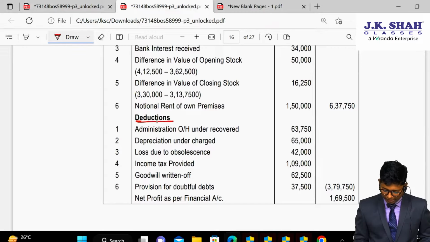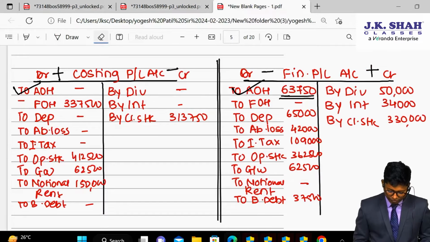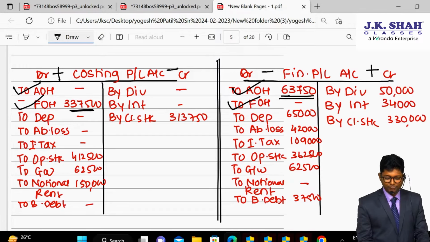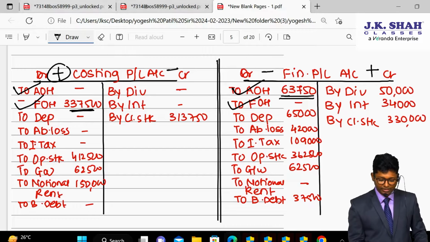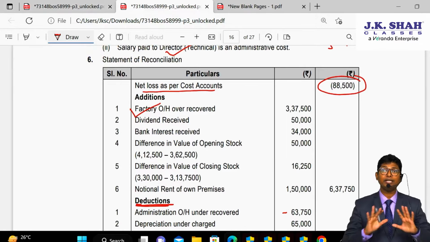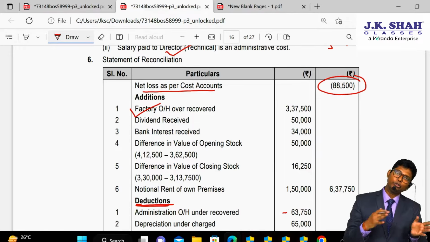Administration overheads are recorded under deduction, so this is deducted. Next element, if you compare your factory overhead with factory overhead, compare the higher amount is 337,500, carries plus sign above it, and that's why factory overhead figure is recorded in addition. It is that simple. Accordingly you should start posting.